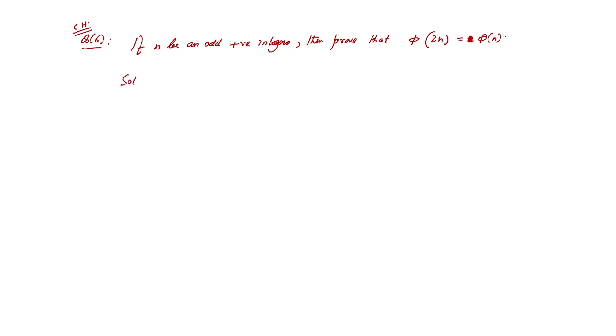Okay, so how to solve, how to prove? What is exactly given? It is given that n is an odd positive integer.